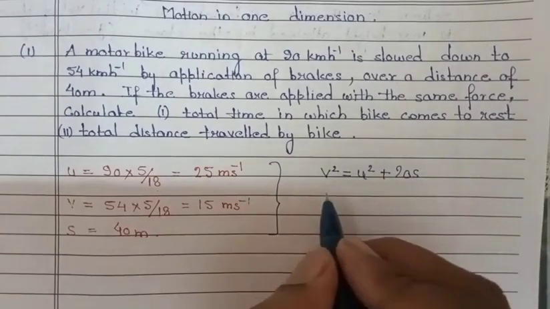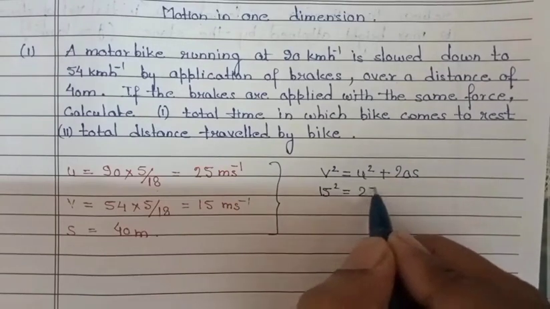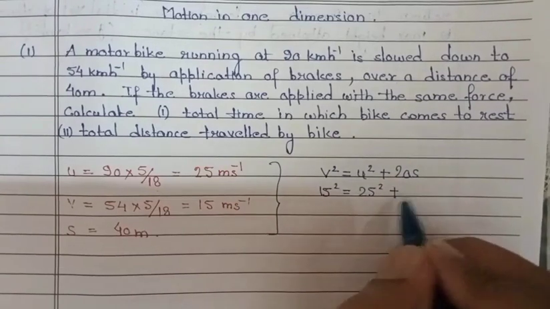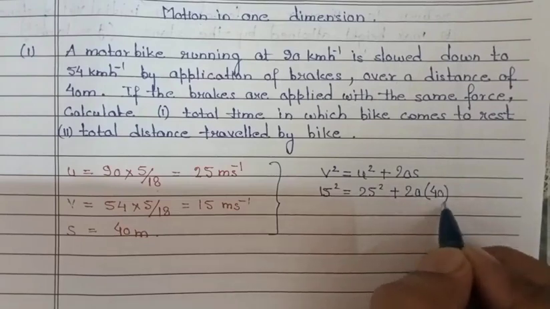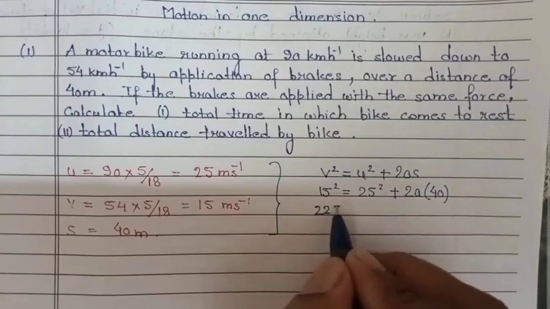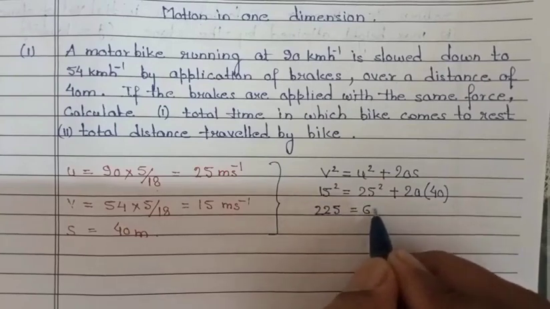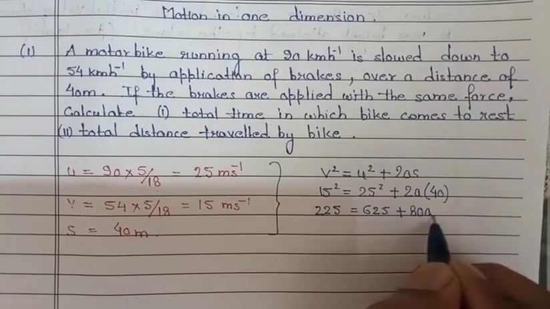So v over here is 15, u over here is 25, and distance is 40 meter. So this will give you 225 is equal to 625 plus 80a.